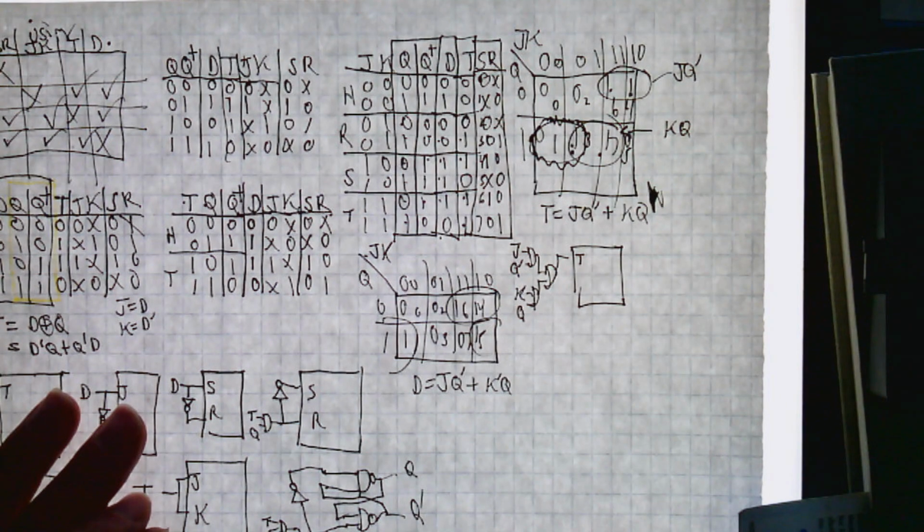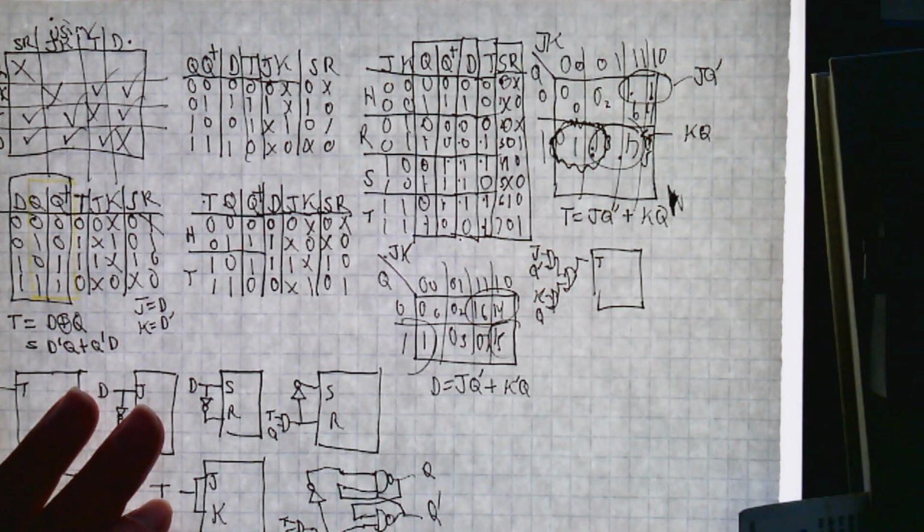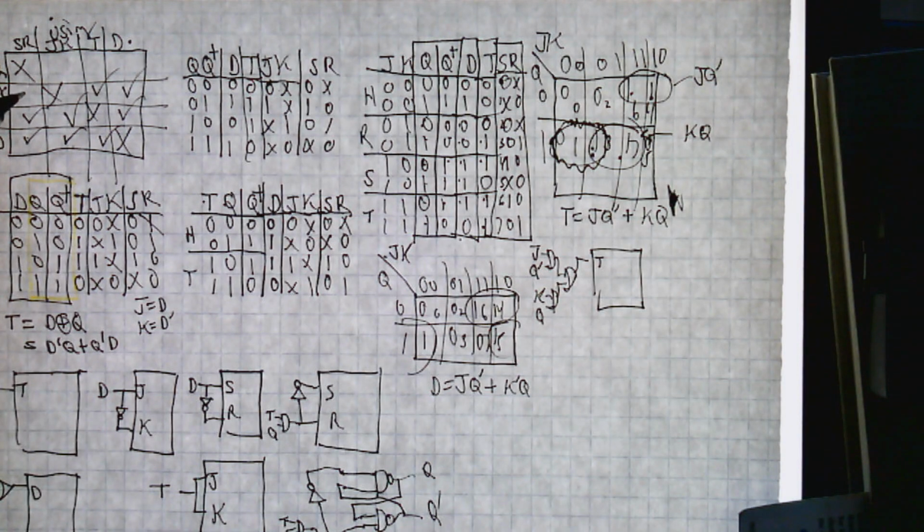And so what that does is it gives you the ability to find the minimal sum of products form for S, and then the minimal sum of products form for R. And then having done that, you will have basically implemented a JK flip-flop using an SR. In other words, you will have done this.